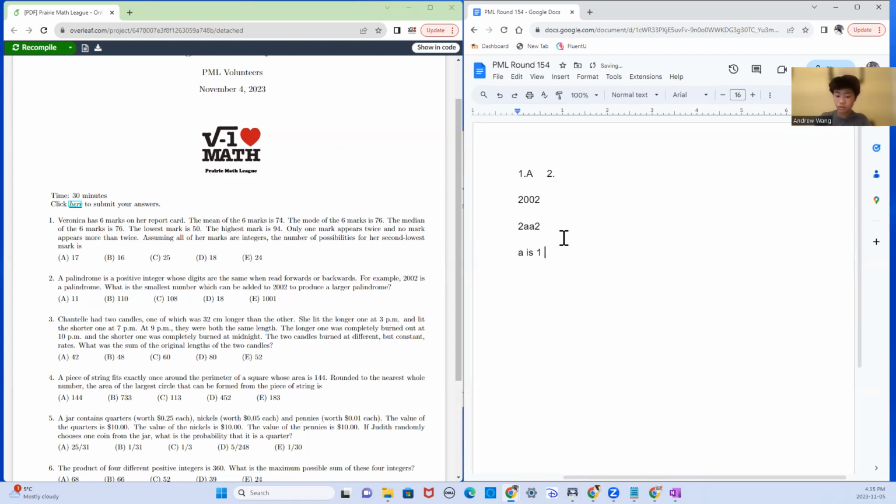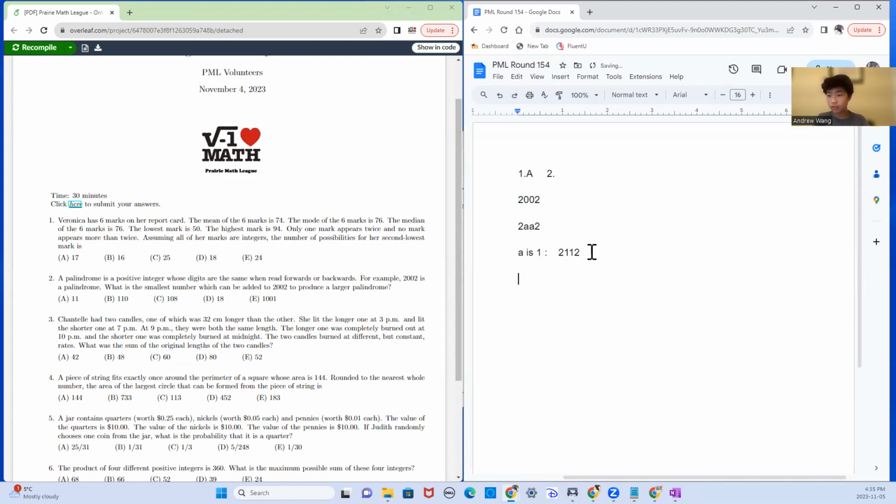If A is 1, we get 2112. And anything we do after that, like 2222, will be further from 2002. So 2112 will actually be the closest we can get to 2002.